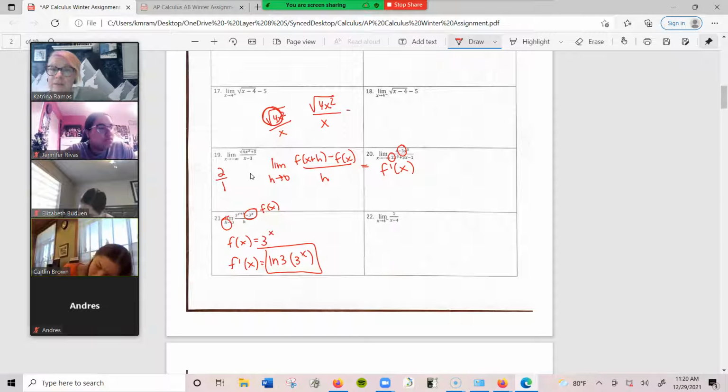If you plug in infinity, this would be the square root of 4 times negative infinity squared over negative infinity, right? The square root of 4 is 2. Now we know it's going to be 2 because of the 2 over 1. But because of that negative infinity, it should be negative 2.